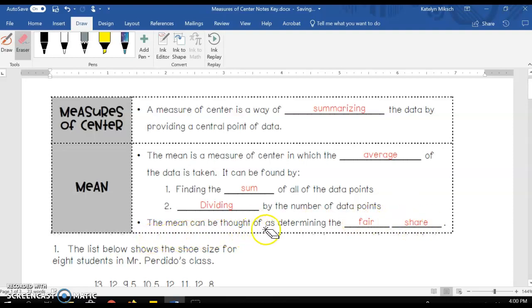The mean can also be thought of as determining the fair share. So if you have different numbers, the average is like the middle point of all of that. It's mathematically exact. We'll talk about another term that means middle a little bit later on. But if we want it to be completely fair and even, we would find the mean or the average.